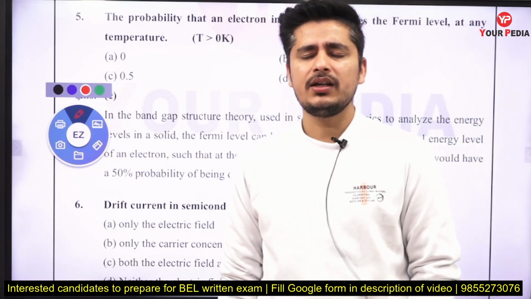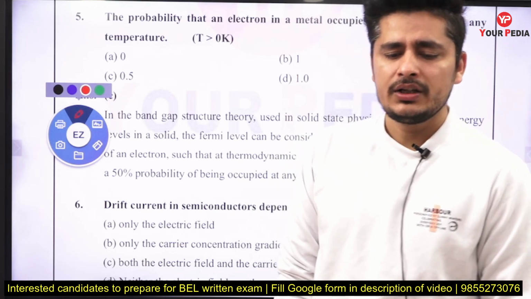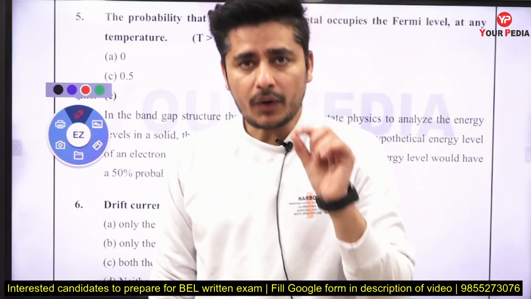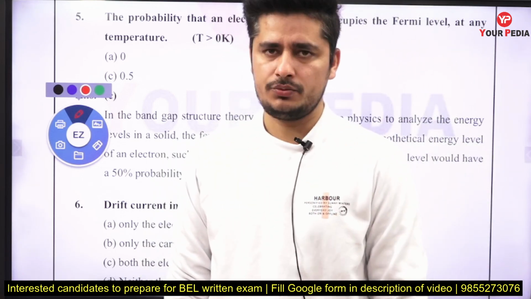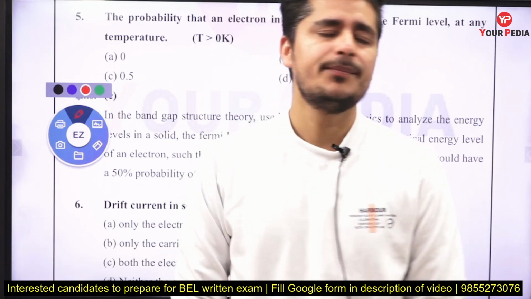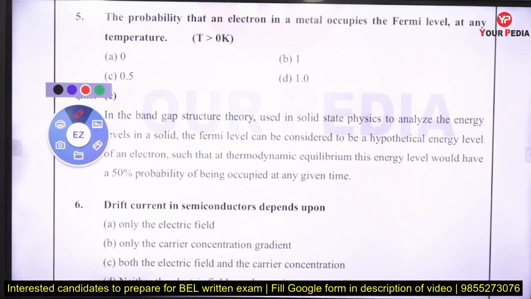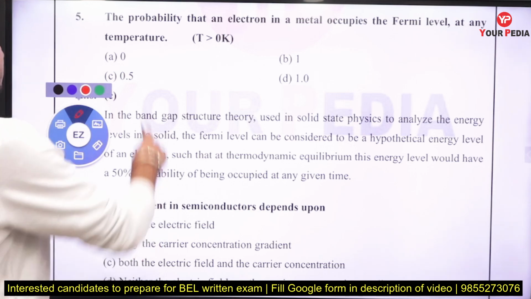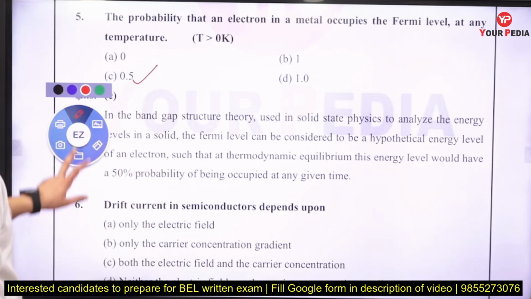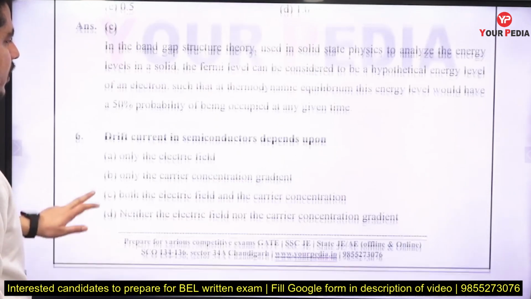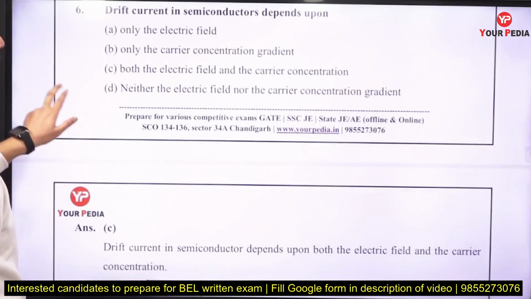The Fermi level is the energy level where the probability of finding an electron is 1 by 2, 50%. So the Fermi level is always the energy level where the probability of occupying by an electron is 50%, or 0.5, or 1 by 2. So answer is C.